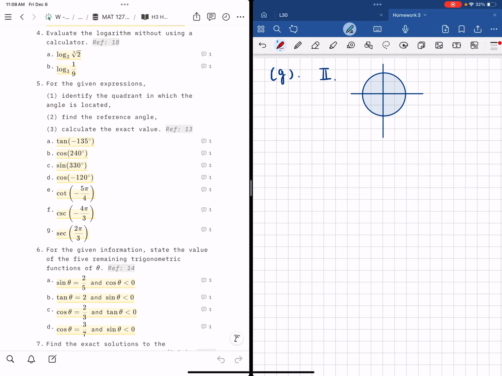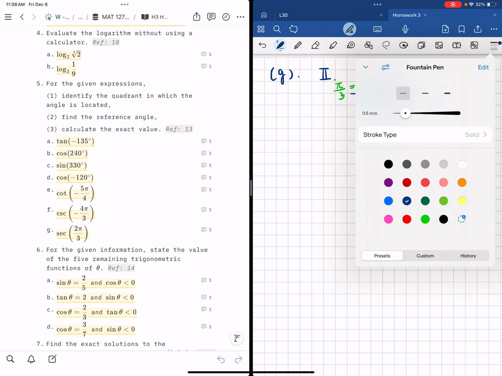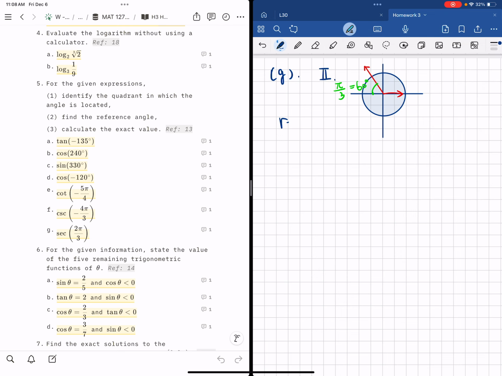But for the sake of the video, I'm going to do the visual. So starting right here, that's the initial side. And the terminal side is at 120 degrees. And based on the analysis before, the reference angle is 60, which is pi over 3. So the reference is pi over 3.